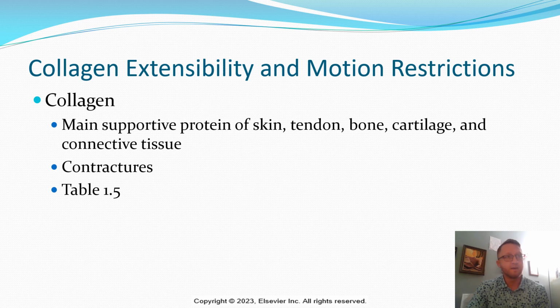So an example of what a contracture might look like is, again, let's take the patient that has an ACL reconstruction and they're just a few weeks post-op. So they're going to come into the clinic with restrictions in knee extension, and they're probably also going to have restrictions in knee flexion.